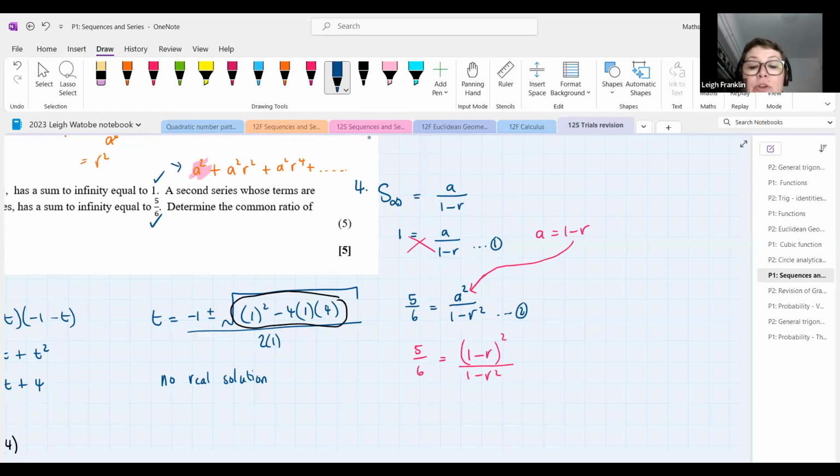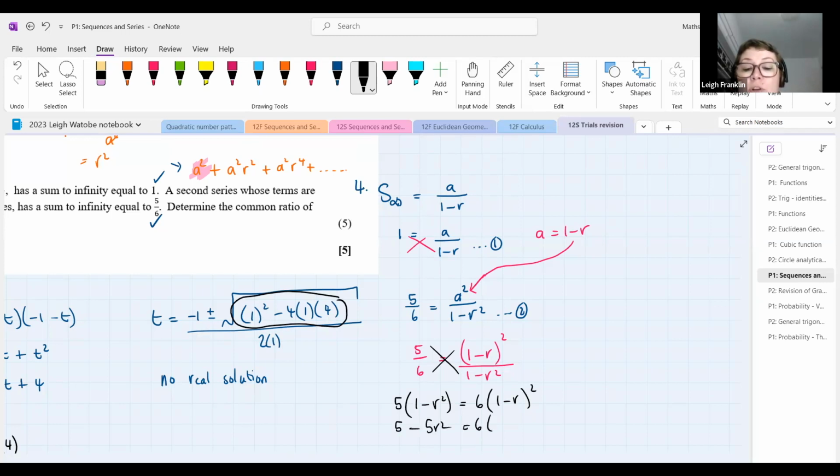Now what I can do, again, is cross multiply. So you've got 5 into 1 minus r squared is equal to 6 into 1 minus r squared, like so. So removing your brackets on the left, we'd have 5 minus 5r squared.